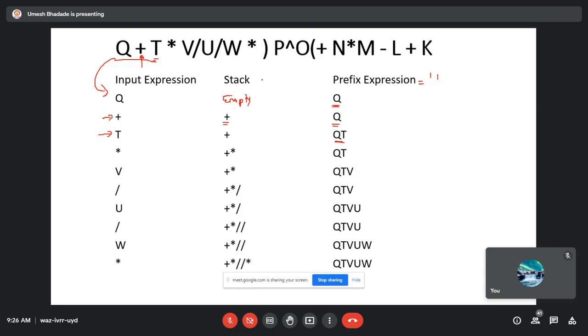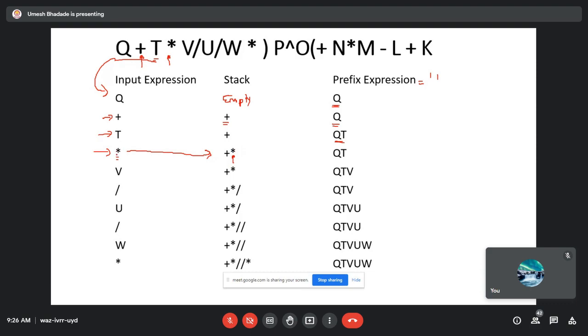Okay. So next symbol is what? Star. Now the star is read, and before pushing it onto the stack, what we will do, we will compare the precedence of this star with the plus. Now the precedence of star is higher than the plus, higher or equal, means it is higher actually. So we will push the star onto the stack, right?